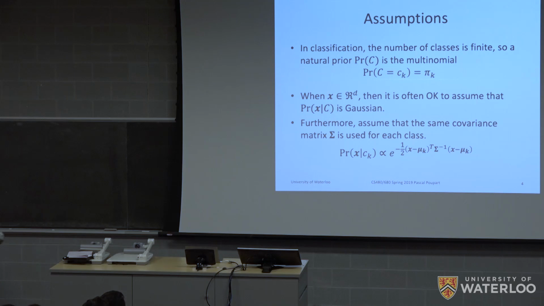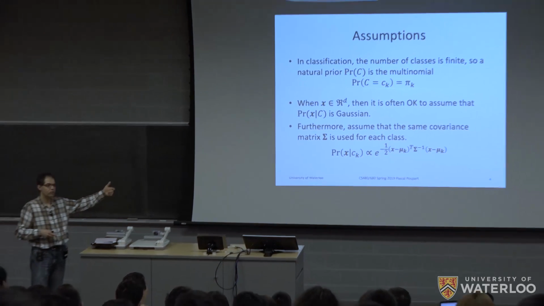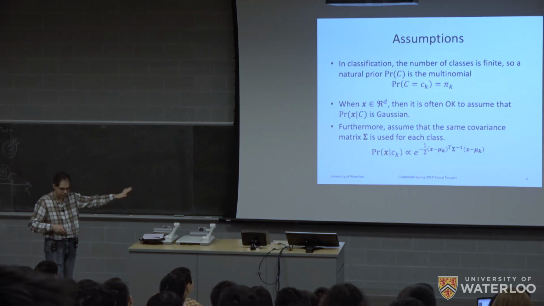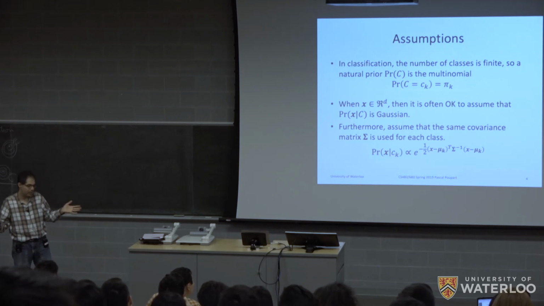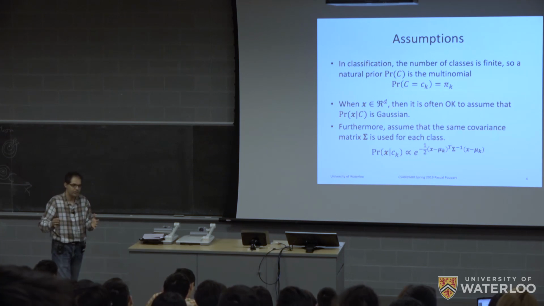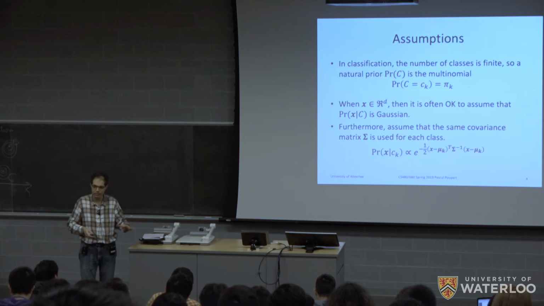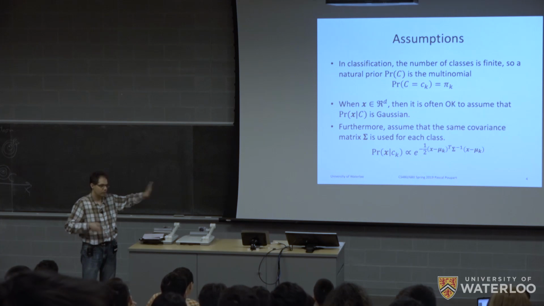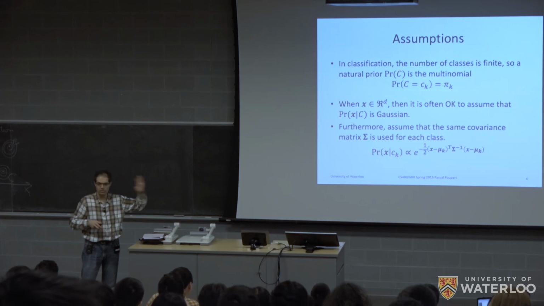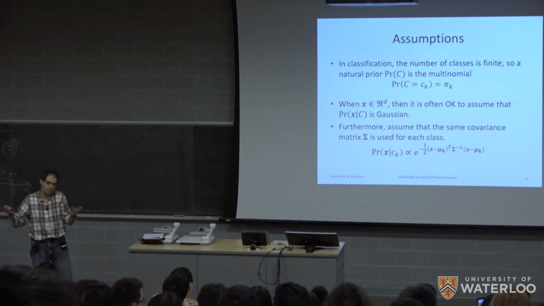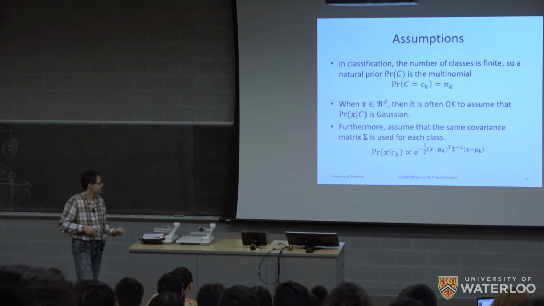Here the assumption that we have the same covariance matrix for every class is going to become important to simplify some terms later on, so we're going to come back to this. But more generally, obviously, we could consider different covariance matrices for different classes. It's just that for now, we're starting simple, so I'm going to make this assumption. We're going to see how it helps us, but generally speaking, we might not want to make that assumption.